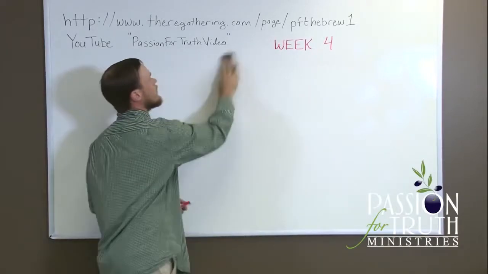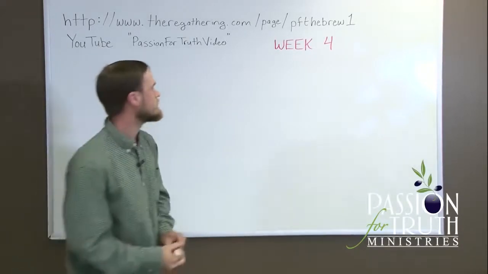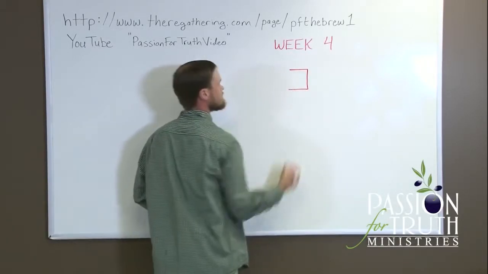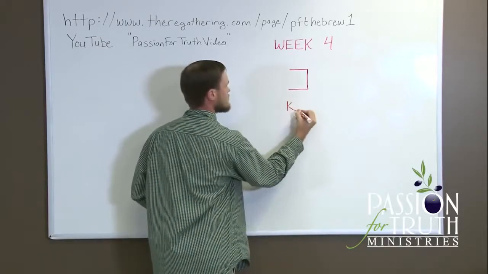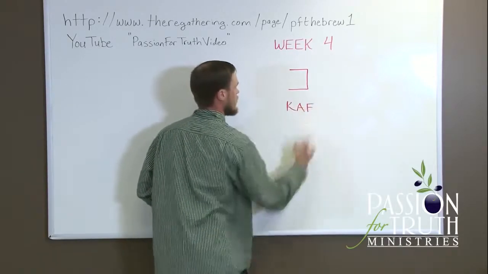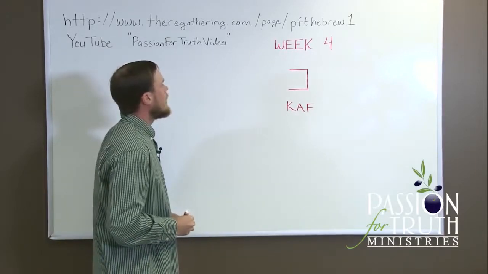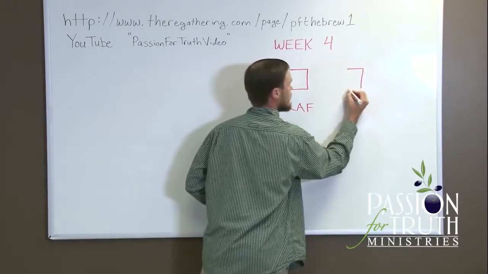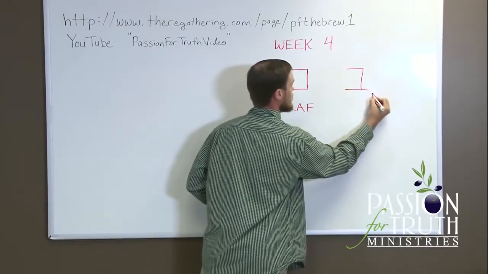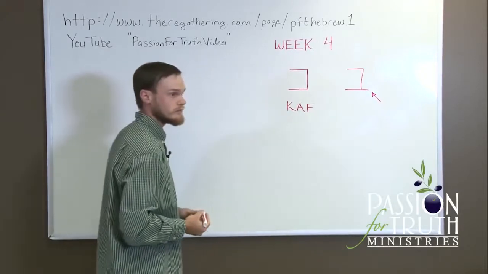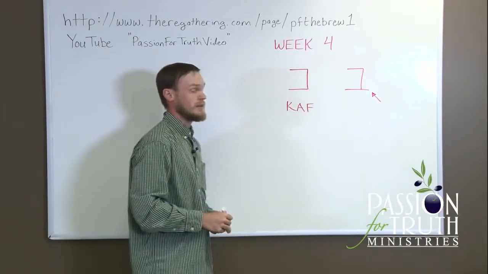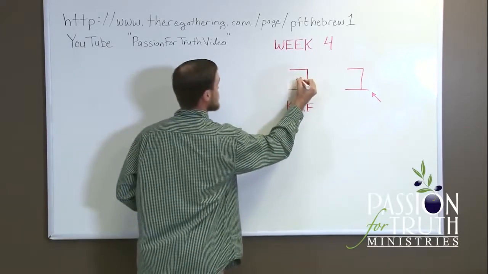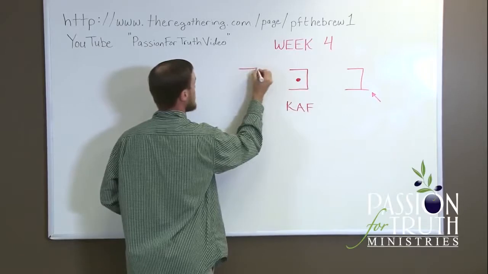All right, so we are on to our 11th letter. That is Kaf. The Kaf looks very similar to a Beit, but you'll notice that the Beit has the tail in the lower right. Like the Beit, the Kaf can make two different sounds. There's a Kaf with a dagesh and a Kaf without a dagesh.